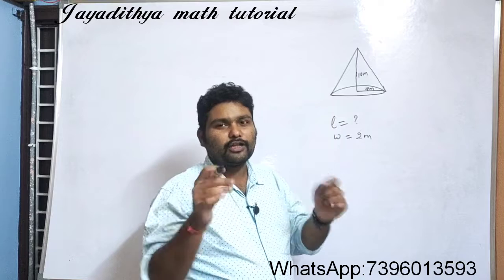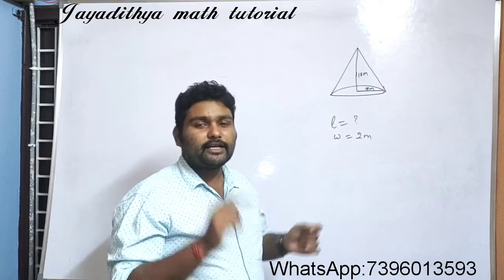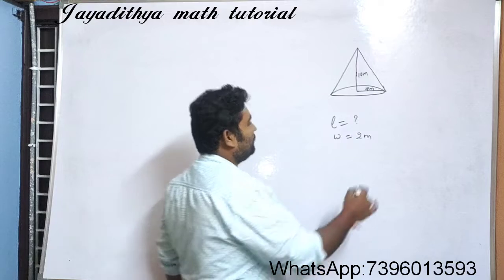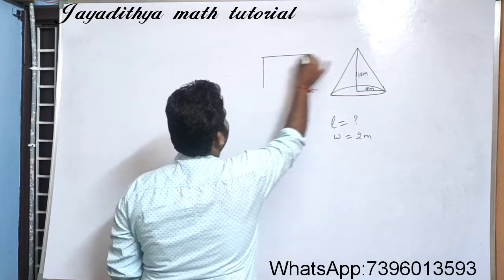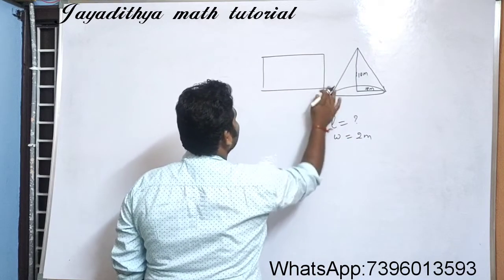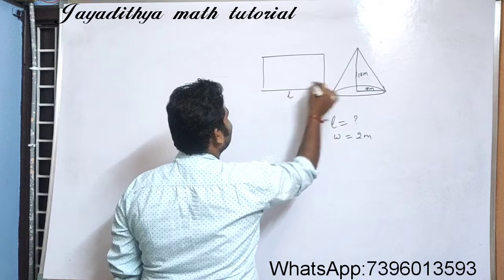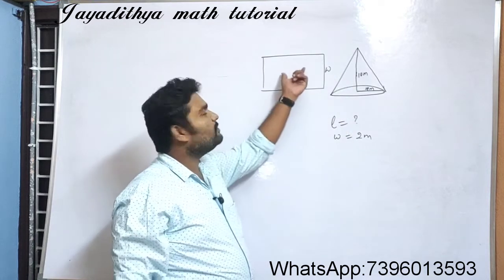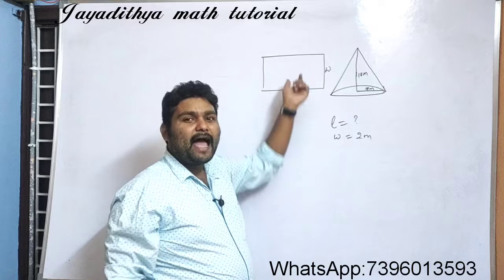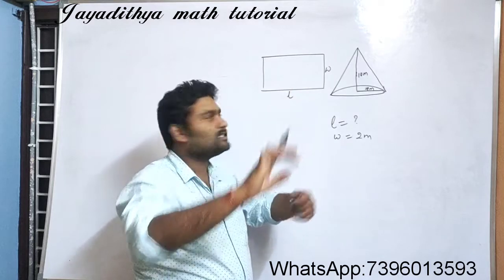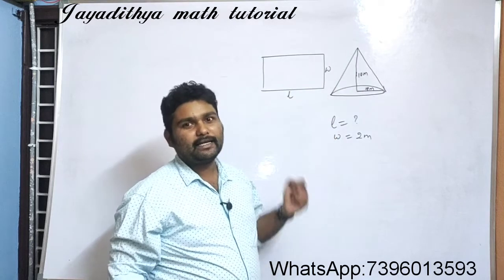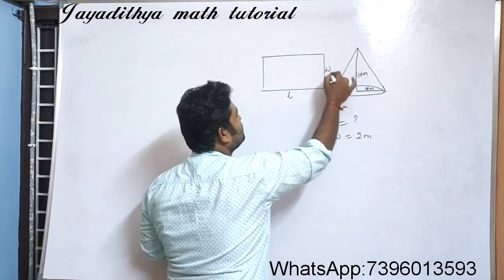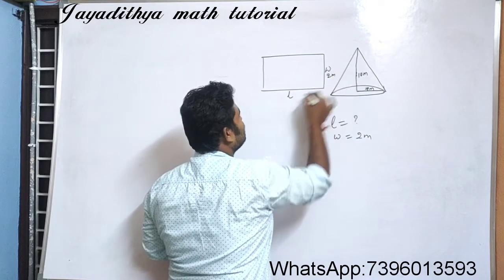So the cloth will be in the shape of a rectangle, and here the length and width will be there. The cloth is in the form of a rectangle, and it is folded and stitched to form a conical tent. So the width of the canvas cloth is given as 2 meters and you need to find its length.